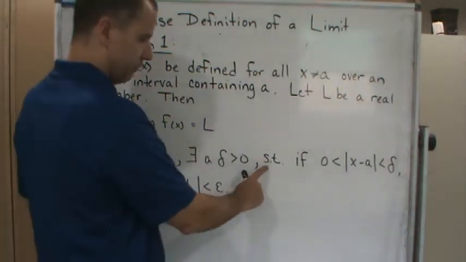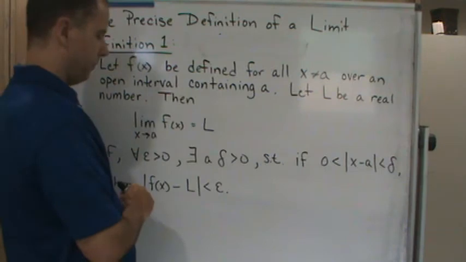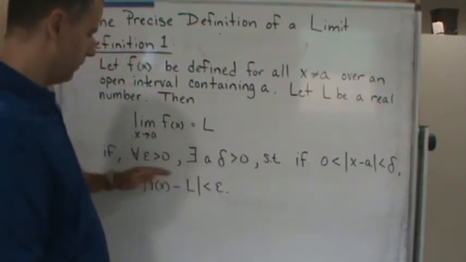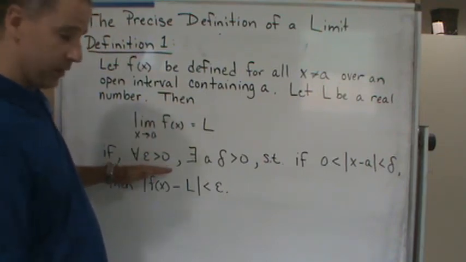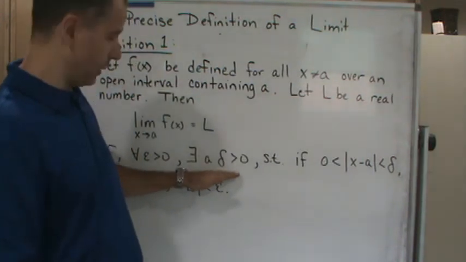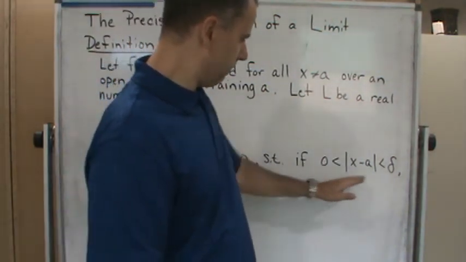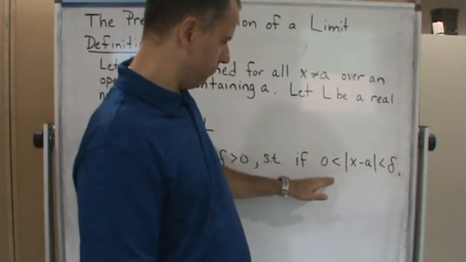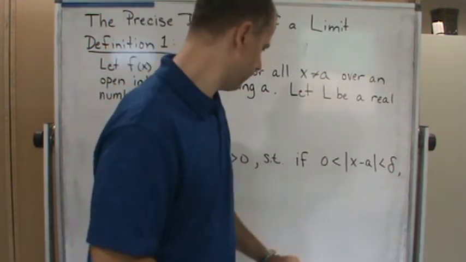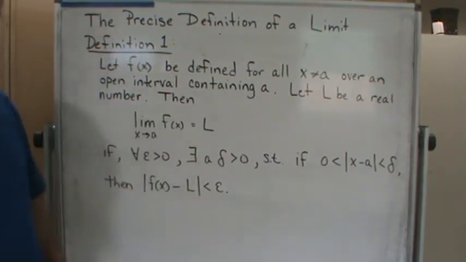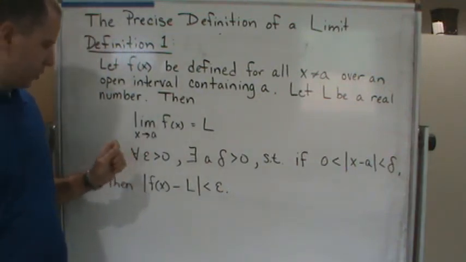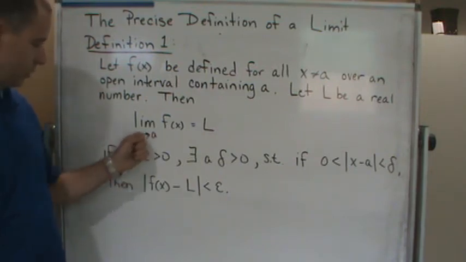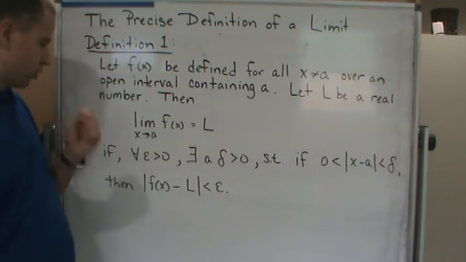Now, such that, that's my shorthand for such that. This is true if for every epsilon greater than 0, there exists a delta greater than 0, such that if this is true, then this will be true. That means if I choose some epsilon, so this should be true for all epsilon, but let's say I just choose one epsilon.